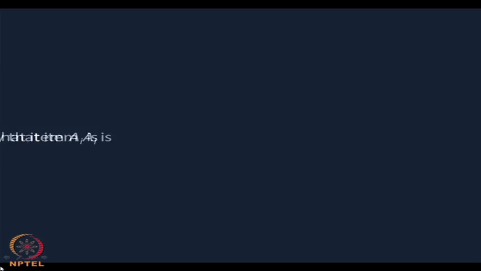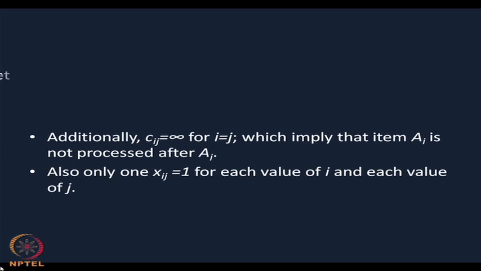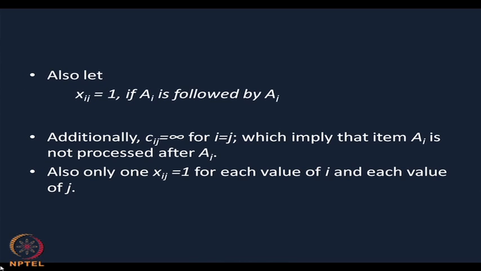Here you are using the cost, and we are assuming, as I told you a little earlier, that xij equals 1 if ai is followed by aj, and xij equals 0 otherwise. That means if there is a connection between the items, which item is followed by which one, for that case xij will be 1, otherwise xij equals 0.